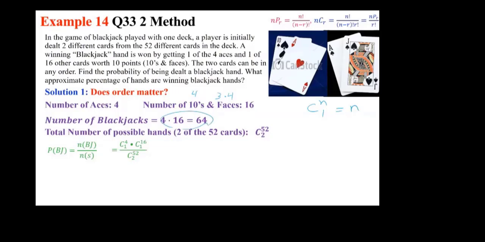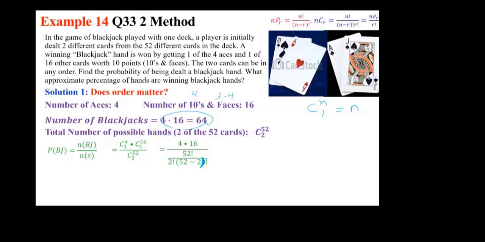We already have justified the answer of 4 times 16 equals 64, but again, going step by step with the combination. The denominator is 52 factorial over 2 factorial times 52 minus 2 factorial, and that really becomes 50 factorial in essence.